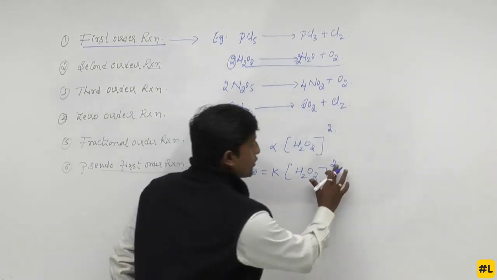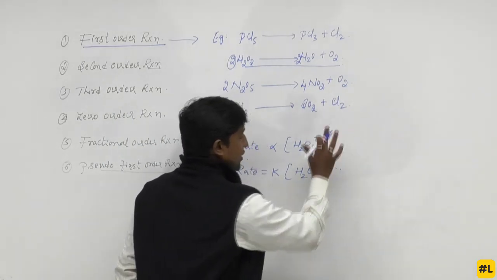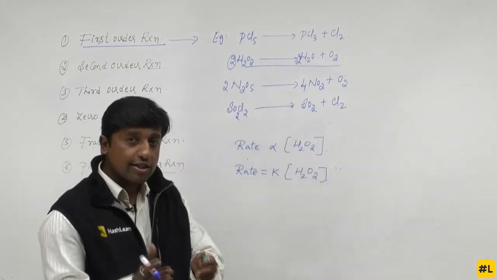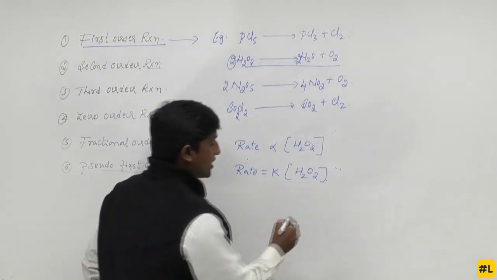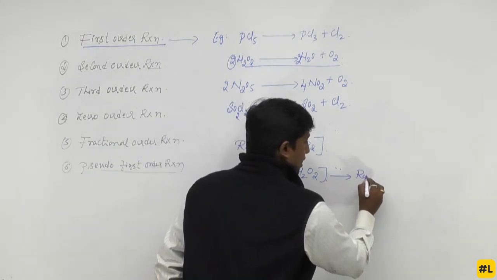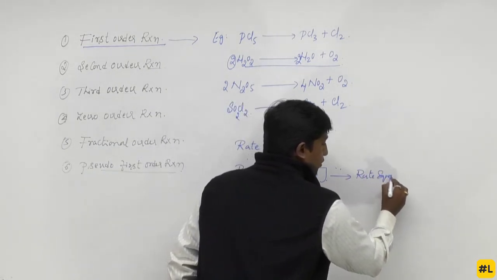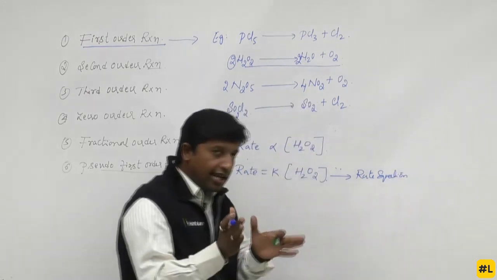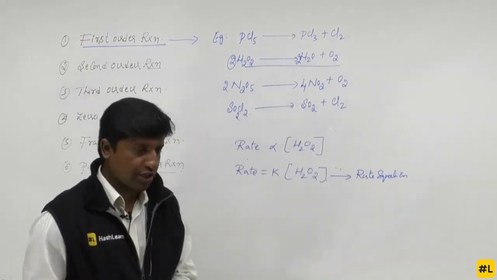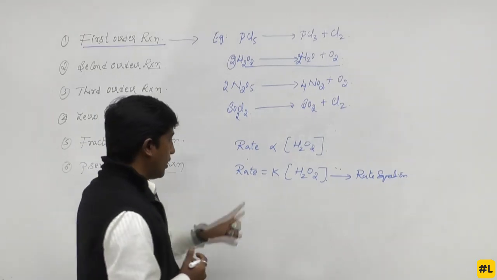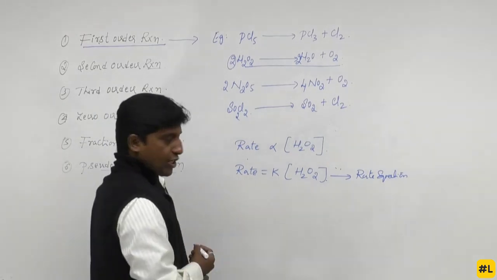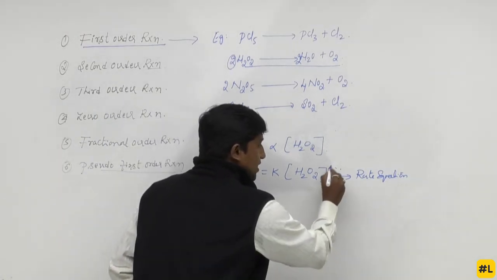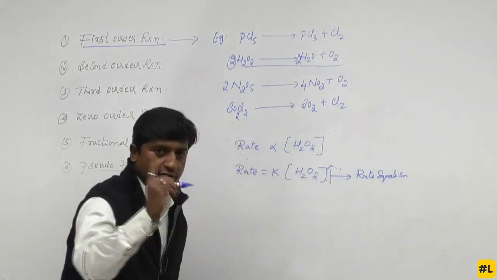But here I am not going to write the stoichiometric coefficient 2. Let us see what is the difference here, and I call this equation the rate equation now. Now you will come to know very clearly the difference between the law of mass action and the rate equation.